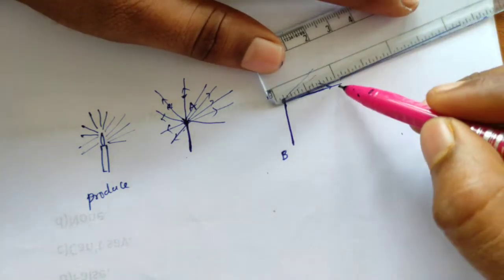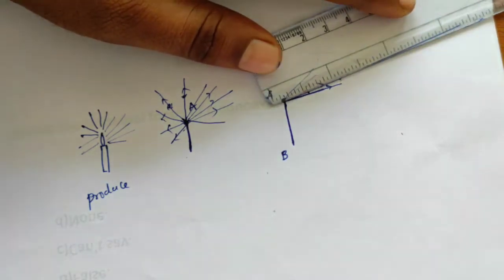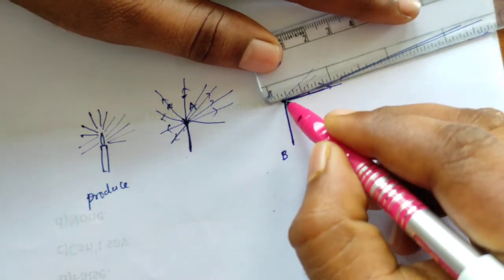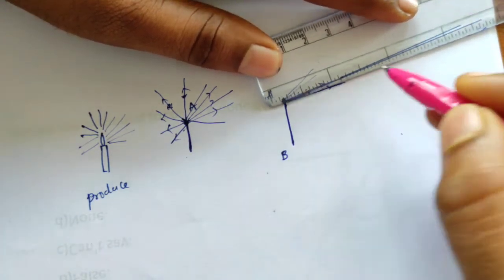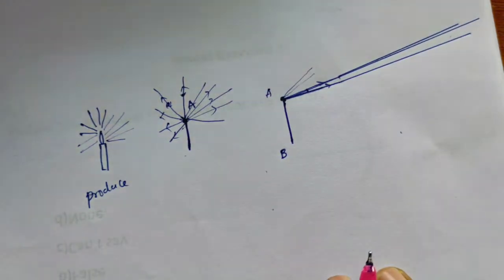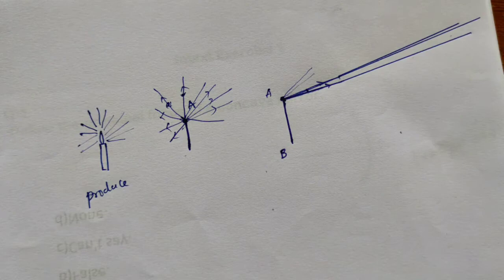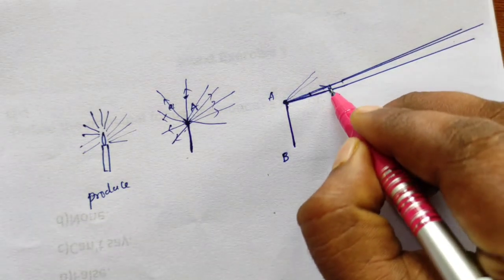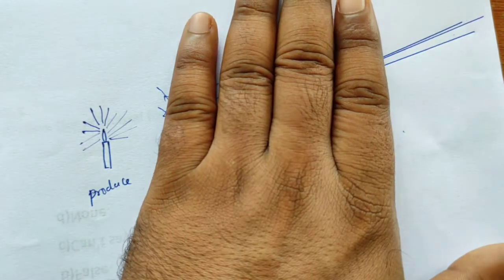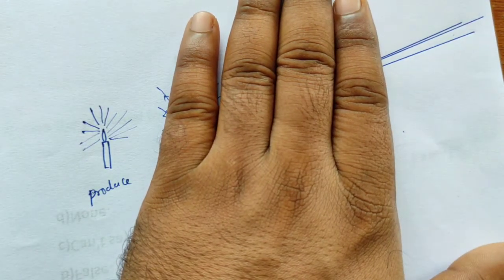This is the first line, and let me draw the second line also. Now you can find somewhat of a theta angle there.